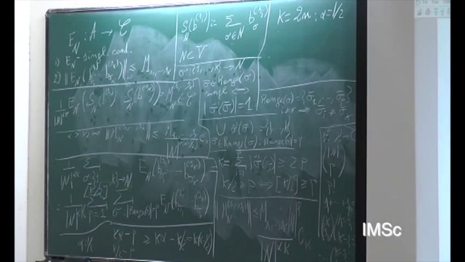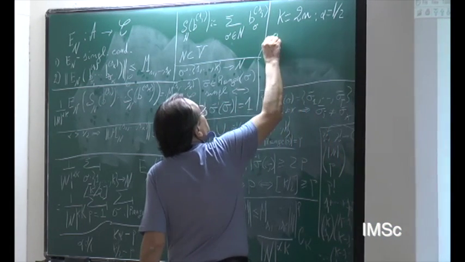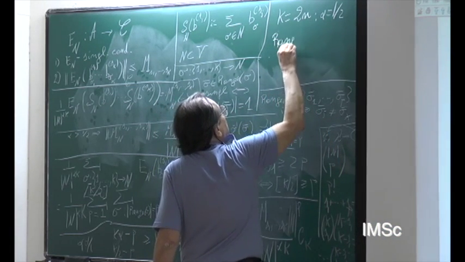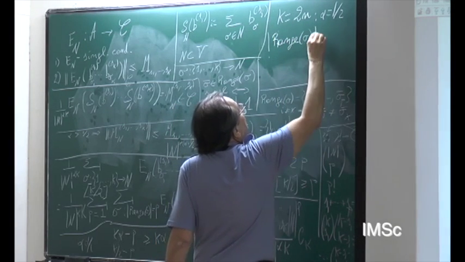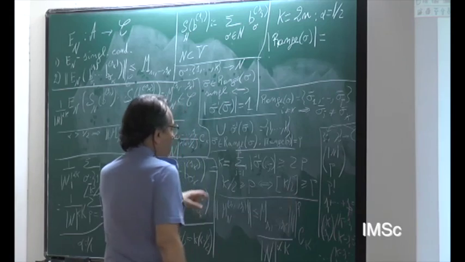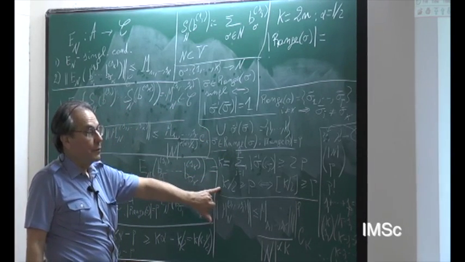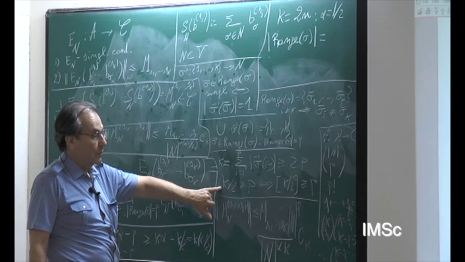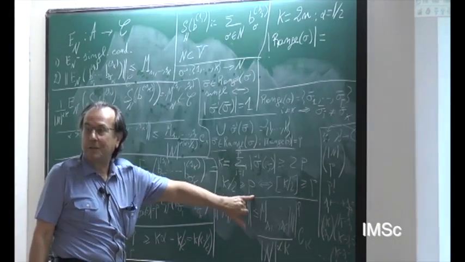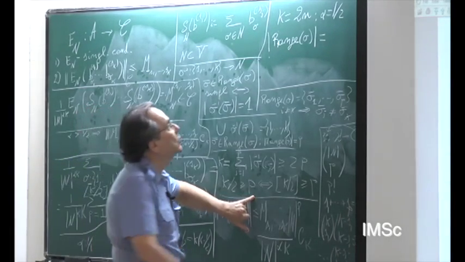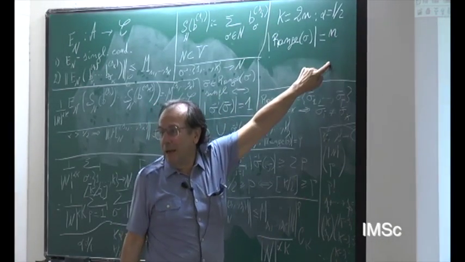So the cardinality of the range of sigma must be exactly the maximum in this inequality, the saturation of this inequality. But k is equal to 2n, and this equality is saturated for p equal n. So k is equal to 2n and p equal n.